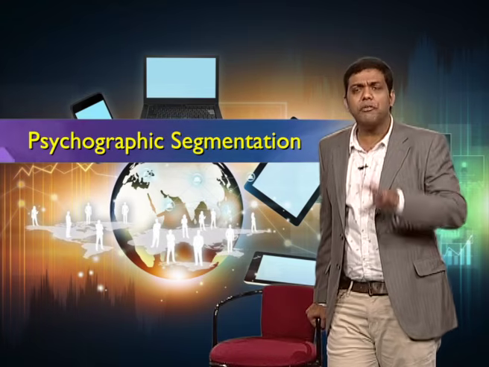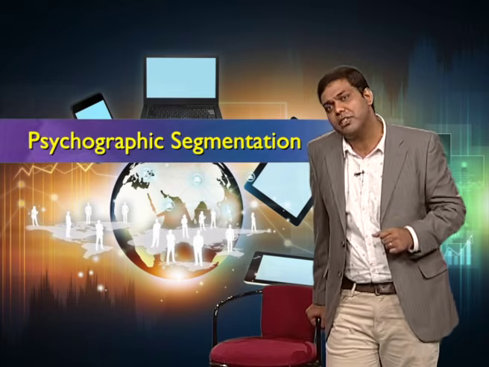So geographic segmentation and demographic segmentation are very obvious, very easy to understand. The third basis by which segmentation can happen is based on how people think, how people believe the world should be, how people's attitudes are about different things and different objects. So this is known as psychographic segmentation. Say for example, if you are somebody who is an adventurer, or somebody who believes in the idea of using green things versus somebody who is only interested in saving a lot of money.